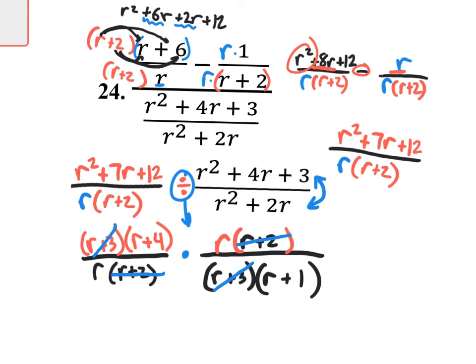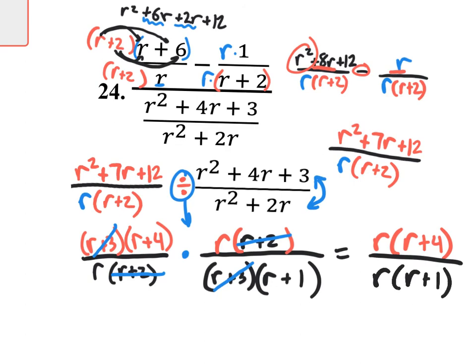And that is about it. So my answer is whatever's left over. I have an r right here and an r plus 4. Let me write the r first. r times r plus 4. And in the denominator, we have r times r plus 1.